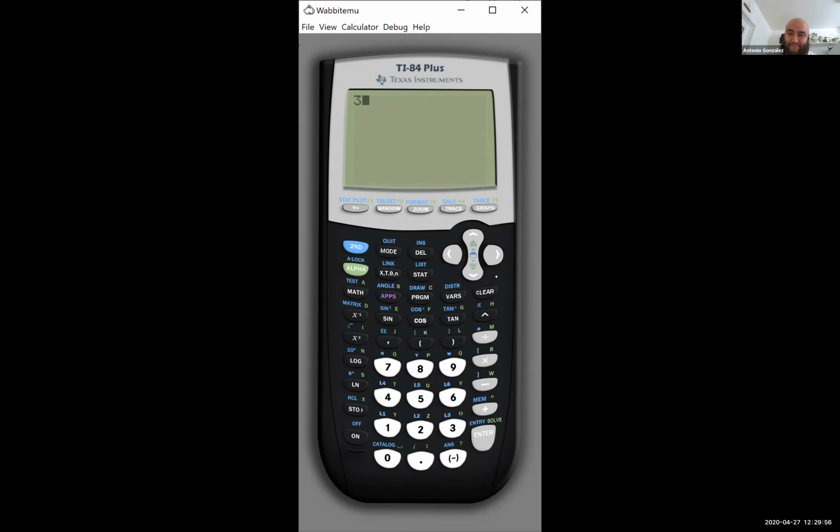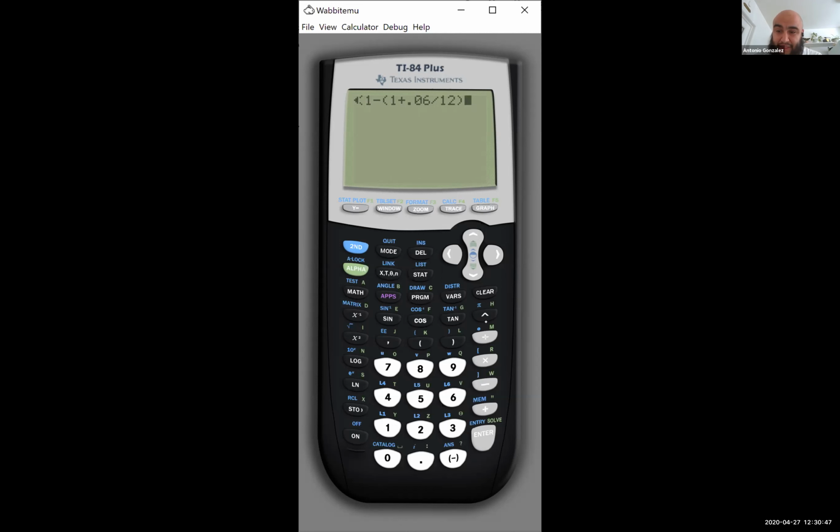So 3,000 times 1 minus 1 plus 0.6 divided by 12, and this is going to get raised to, all right, sorry about that. I'm going too fast here. Okay, so we have that.